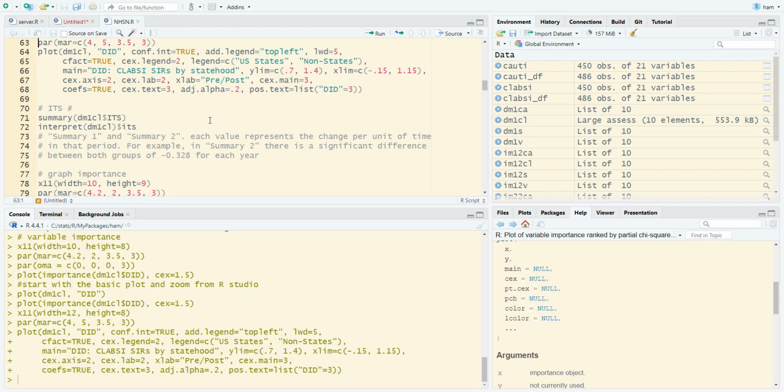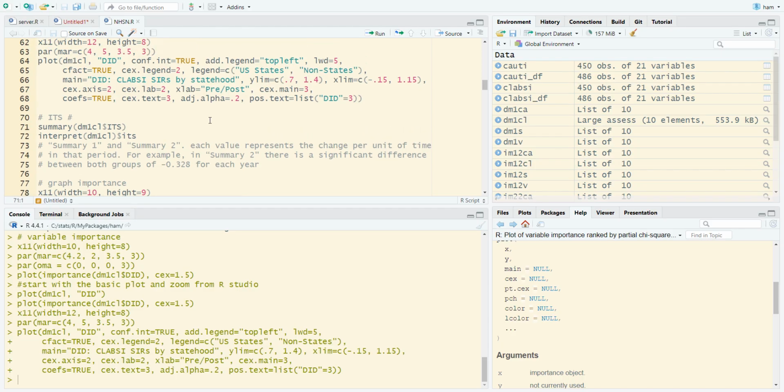So in the code that I ran for that first model, the DM1CL, I did the differences in differences study and the interrupted time series. I coded for both at the same time, so we already have that run.